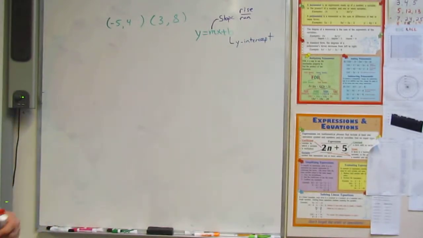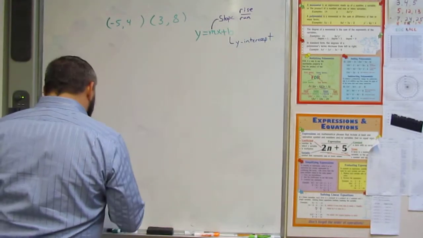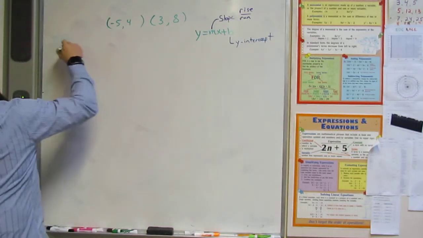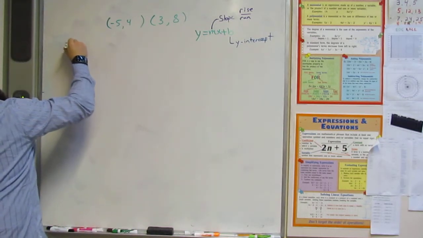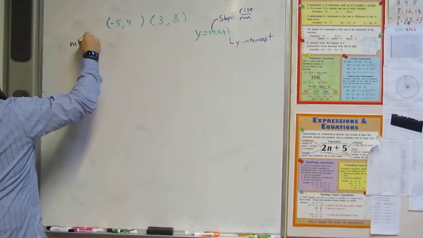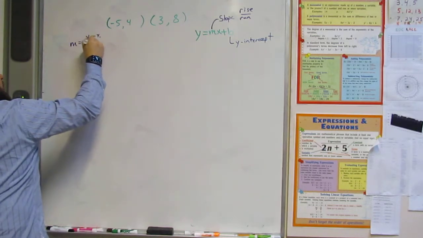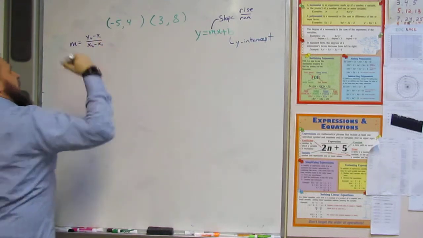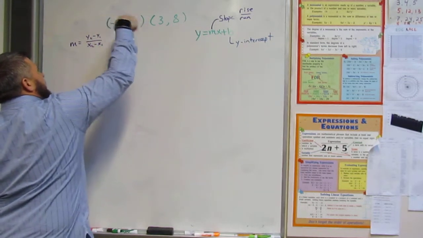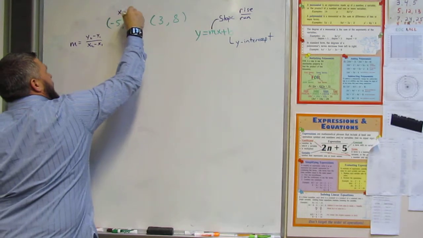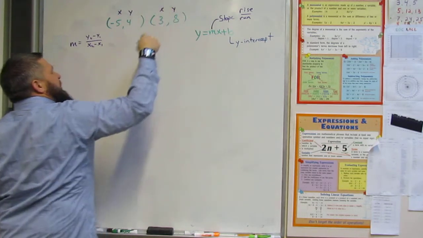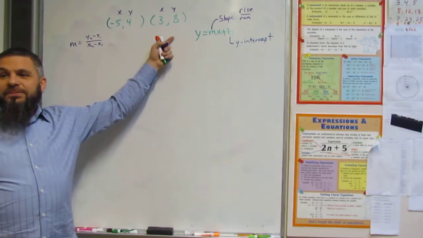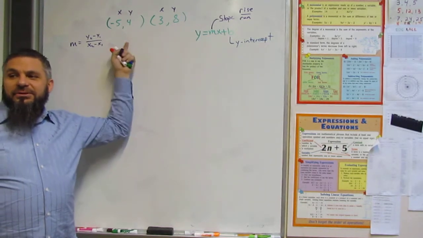To find the slope, we have a great equation, but nobody ever seems to remember it. m is equal to y sub 2 minus y sub 1 over x sub 2 minus x sub 1. These are x and y and x and y, and you can either have these be 1 and these be 2, or the other way around.